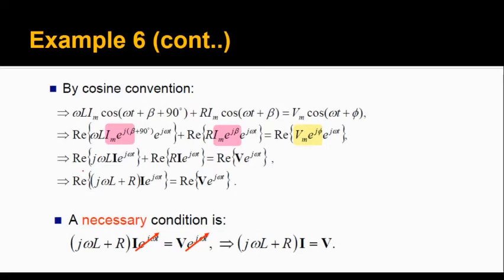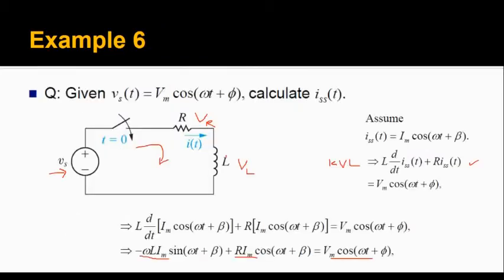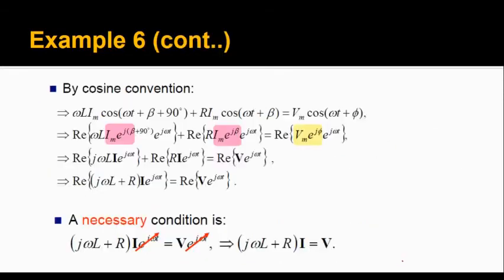By using the cosine convention, if you solve the equation with L di/dt, the first order differential equation, you can go straight forward until you solve up to real and imaginary numbers.